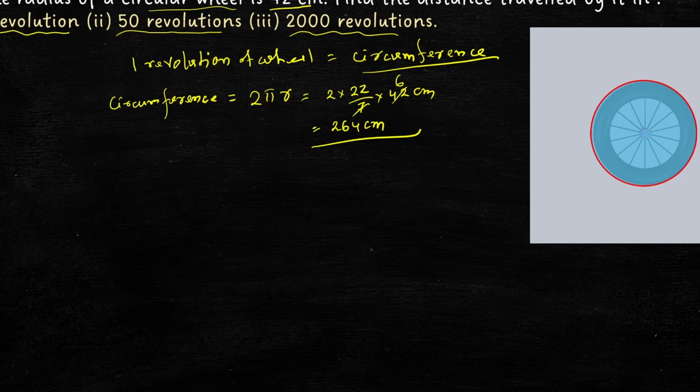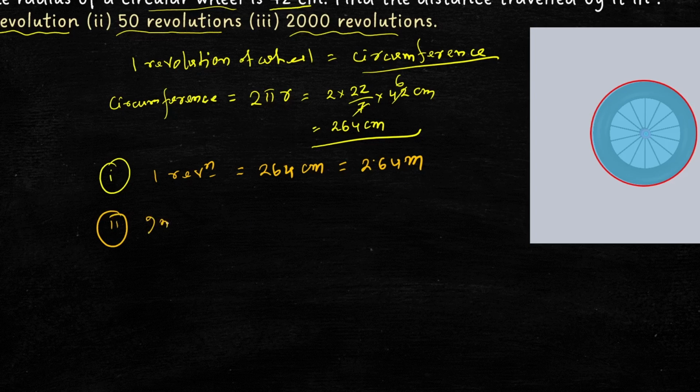That means if the wheel revolve 1 revolution, then it will move 264 centimeter, which is equal to the circumference of the wheel. So this is number 1. 1 revolution is equal to 264 centimeter. If you express it in meter, then it is 2.64 meter distance travel in 1 revolution.